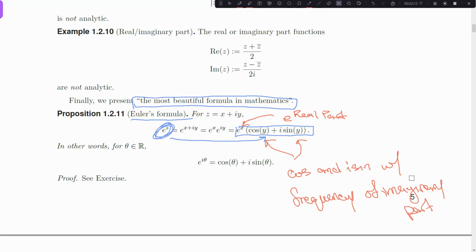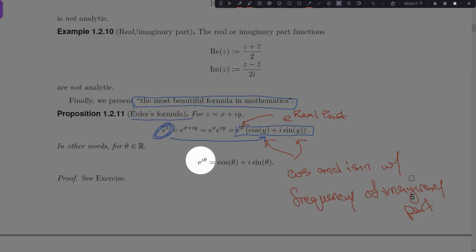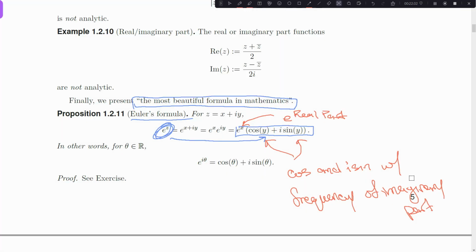Another way of thinking about this is the following here: e to the i theta, if we want to restrict ourselves to a purely imaginary power. This is really the true statement of Euler's formula. e to the i theta is cosine theta plus i sine theta. And what this is saying is that if we wanted to represent cosine theta and i sine theta in terms of a plane, perhaps, I could call this my real axis. And this is my imaginary axis.